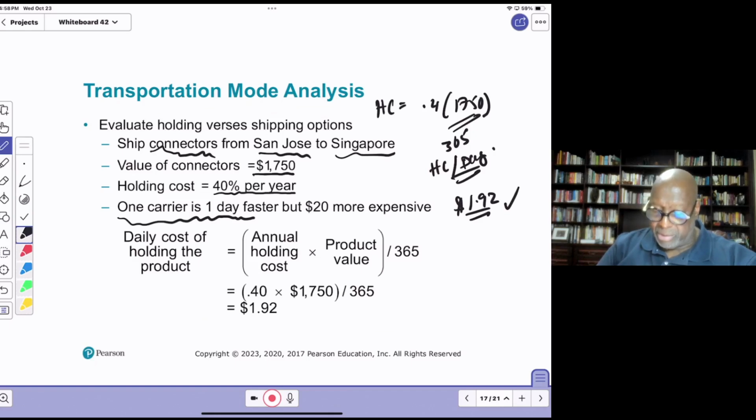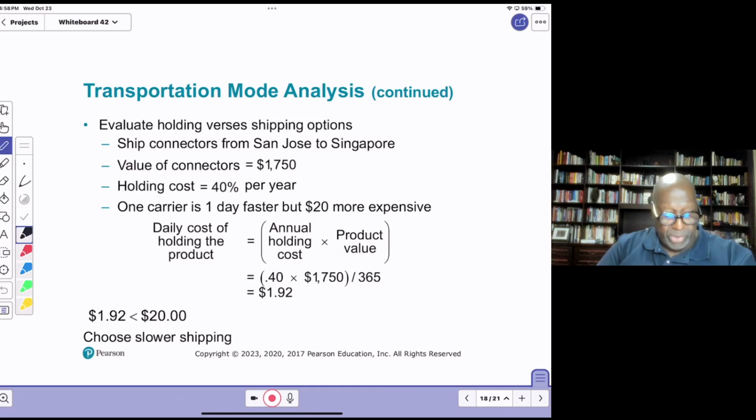Well, it turns out that you would save $1.92, but it's going to cost you $20 more. So what would you do? Clearly in that case, the 1 day faster is not worth it. It's more expensive. So when you compare the $1.92 to $20, choose the slower shipping, the one that will take 1 day longer, because it will be cheaper for you, by approximately $18.08 or something like that. So it's really not a big deal.